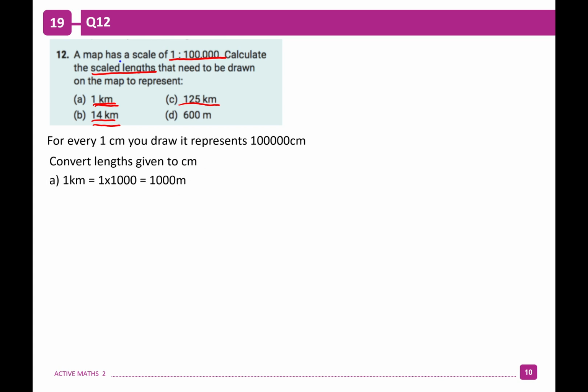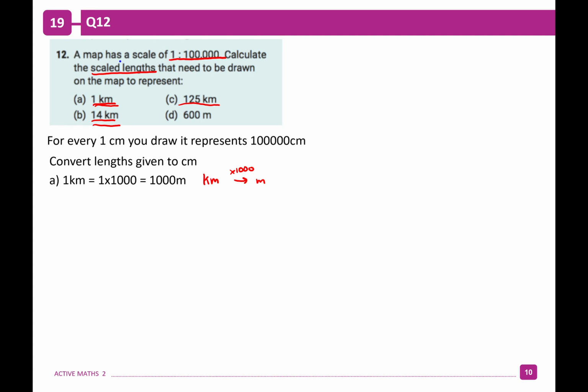So 1 kilometer is equal to 1,000 meters. To convert from kilometers to meters, we multiply our value by 1,000.